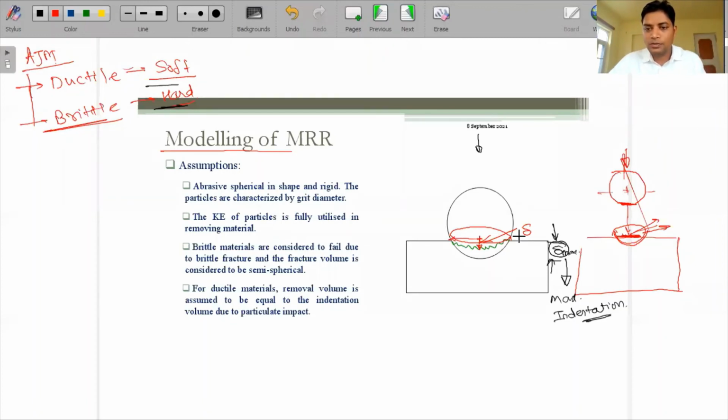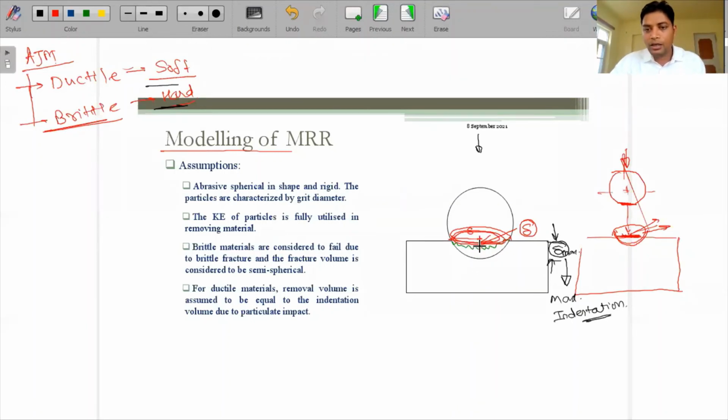So we are just calling it delta, the indentation, or the radius we can say. If we call it a radius, then this is the radius of this circle, which will be visible from the top view.